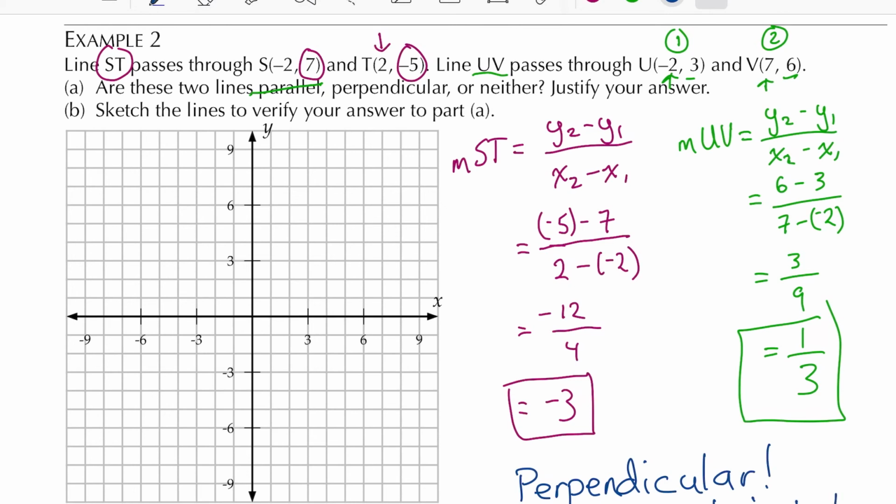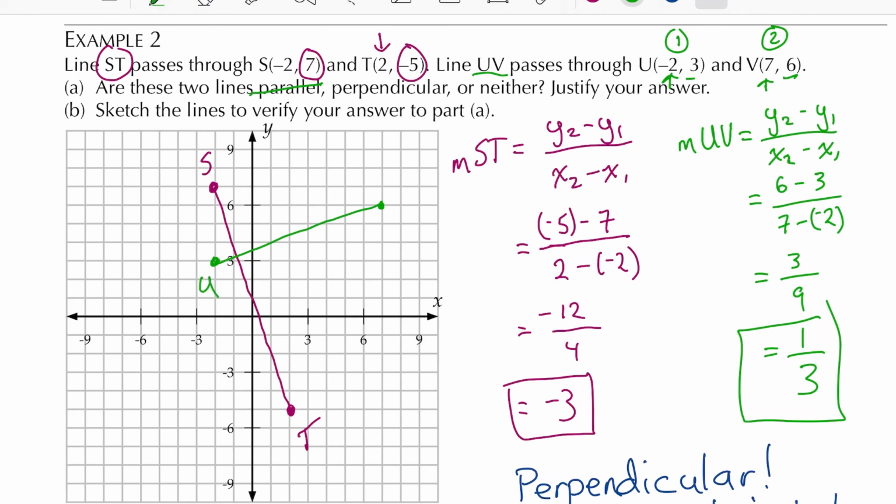Now, let's take a look at that on the graph itself. So I'm going to graph ST. Negative 2 and 7 is right here. That's point S. And T is 2 and negative 5, so it's down here. There we go. Let's take a look at line UV. Negative 2 and 3 right there, and 7 and 6 right here.